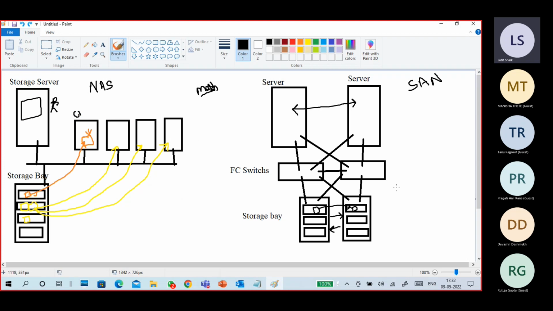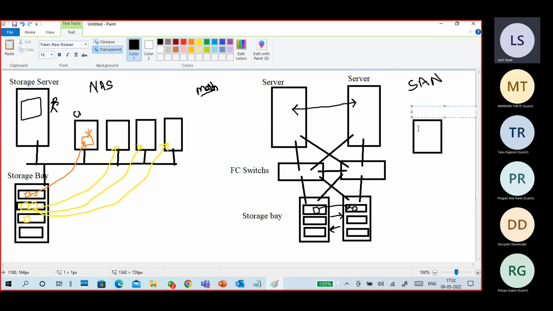So that is blocks. I have a server, meaning some other server, not a storage server. These are storage servers. Some server, for example an Active Directory server or web server. This is my web server.